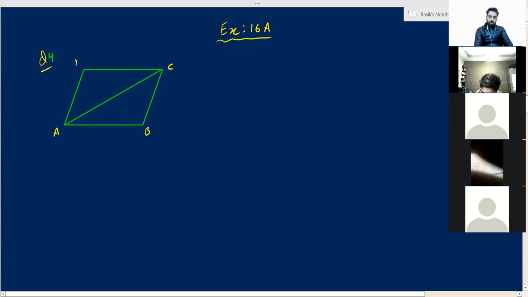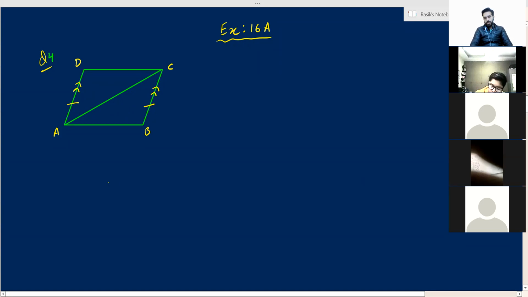Sir, in this question also we will draw without scale. Yes. So here in the question, it is given that AD is equal to BC. The side AD is parallel to BC.